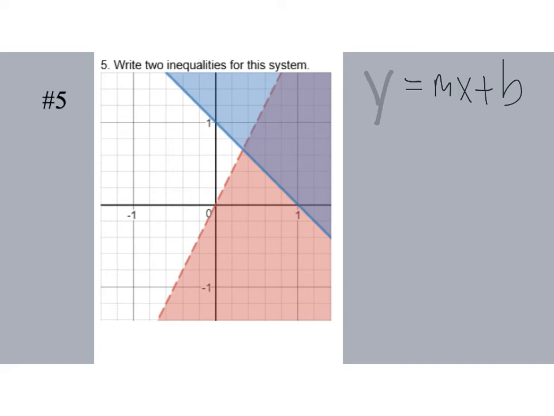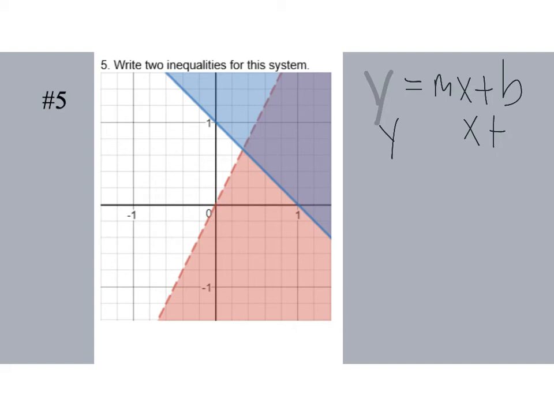So let's start. So we have y, I'm not going to need an equals. Let me fix that. I'm going to use an inequality, not an equation. We'll find the slope. x is going to be just a plug-in, and b we can find. So b is our y-intercept.